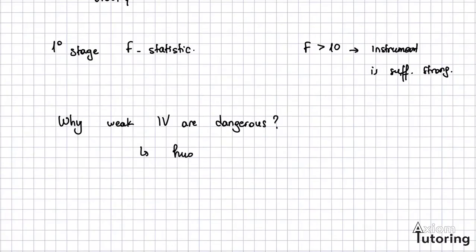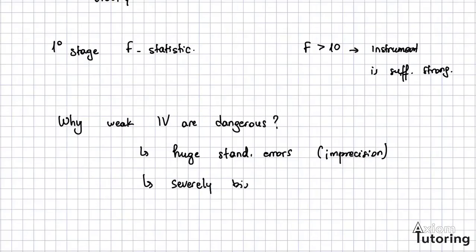So you're very likely going to have huge standard errors. So, imprecision. The IV can also be severely biased, in the direction of the OLS, which we are trying to move away from.